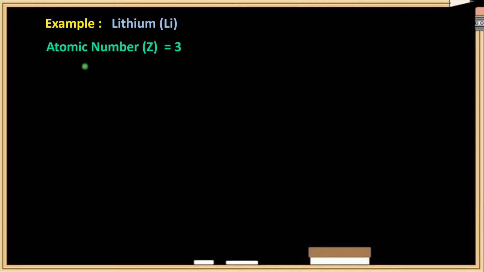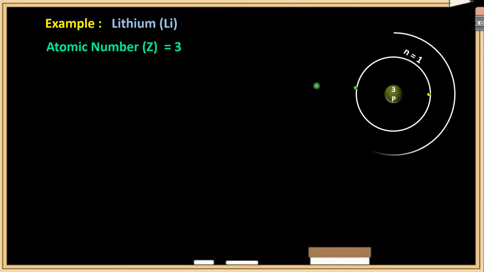You can see here, isn't it? So here I am taking lithium atom, atomic number Z equal to 3. Its nucleus has 3 protons and 3 electrons revolve around the nucleus. The first 2 electrons are there in the first orbit and the third electron is there in the second orbit.